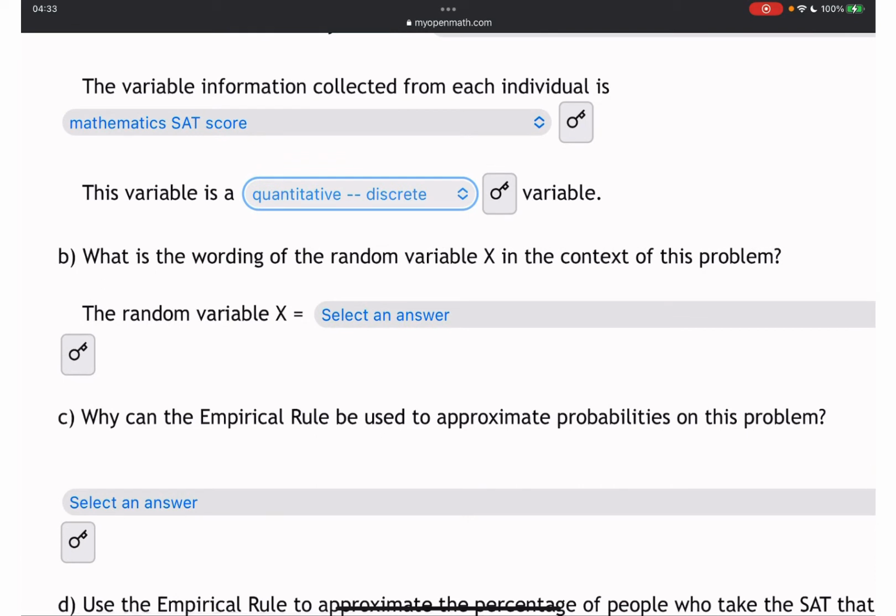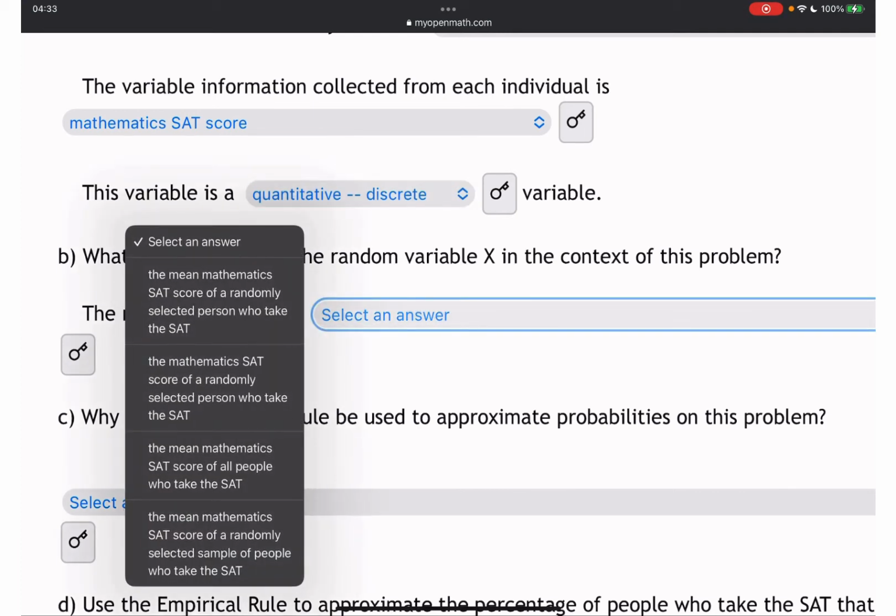Next, what is the wording of the random variable x in the context of the problem? So the random variable x, let's see what we have here.